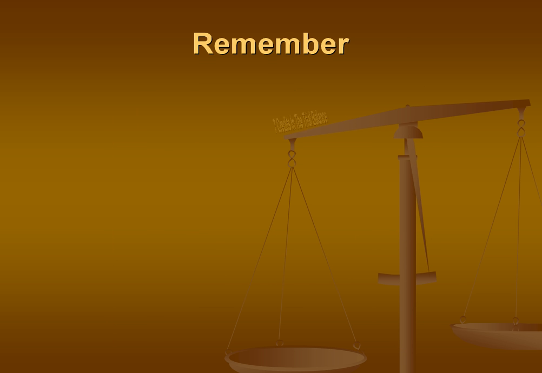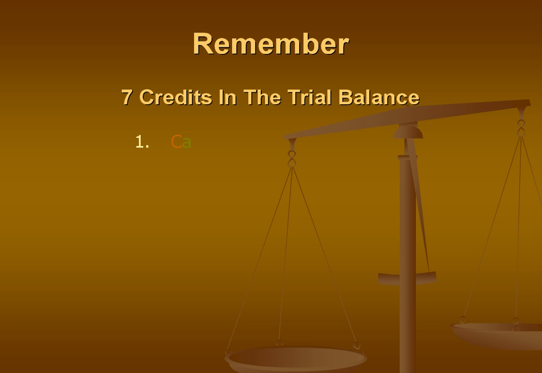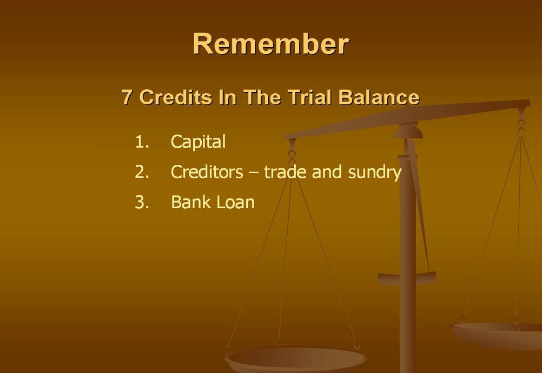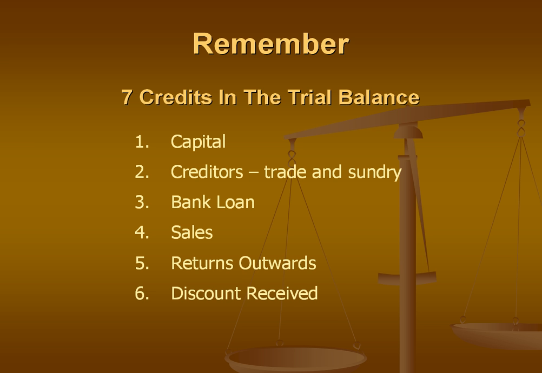Remember, the 7 accounts that are credits in the trial balance are capital, creditors, and this includes both the trade and the sundry creditors, bank loan, sales, returns outwards, and discount received. 6 so far. The 7th credit is bank overdraft, which was not given in this example.